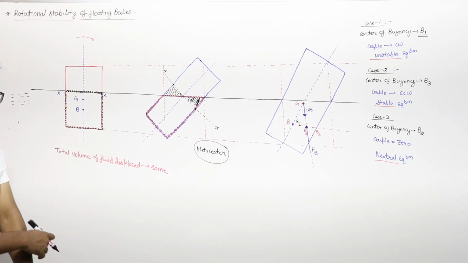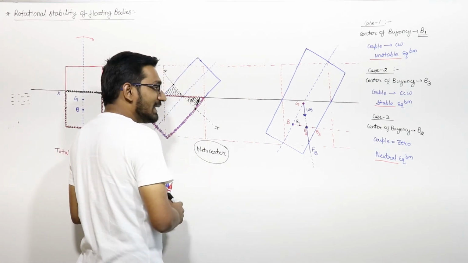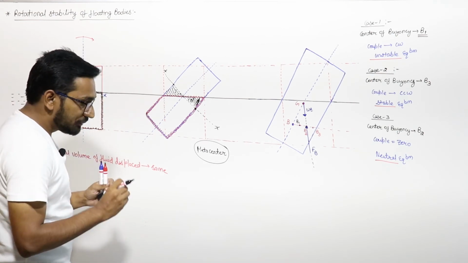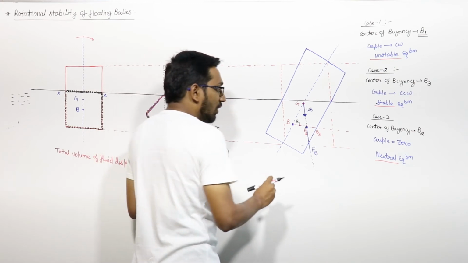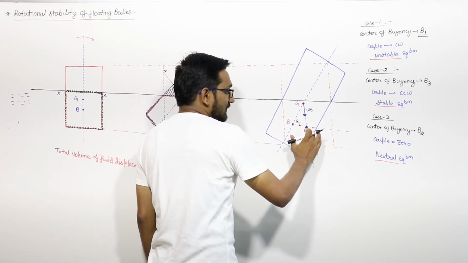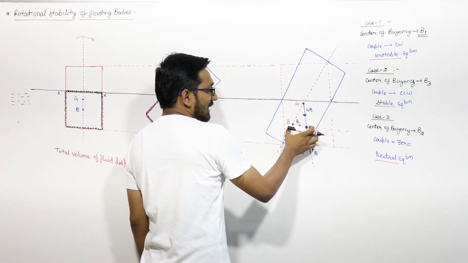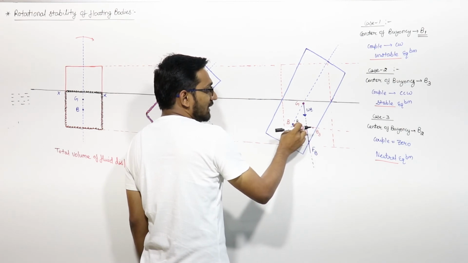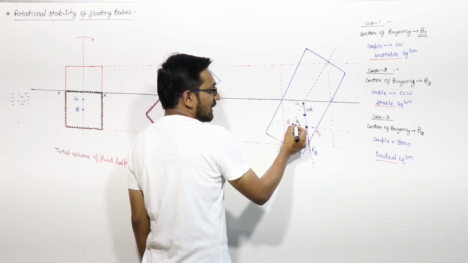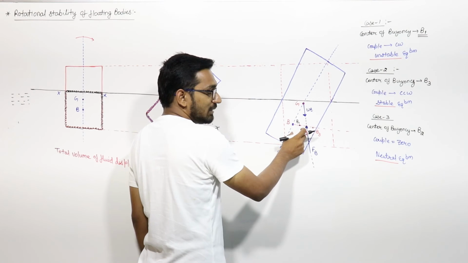Now, just pay attention here. We can say that if the center of buoyancy is between B and B2, or between B1 and B2, at any point here, then it will be an unstable equilibrium.